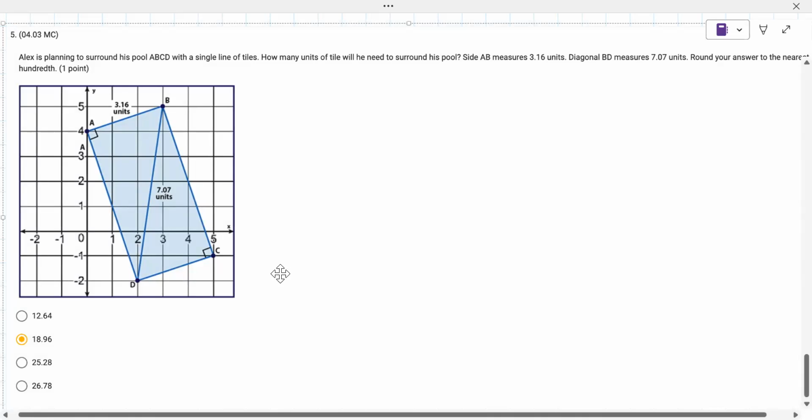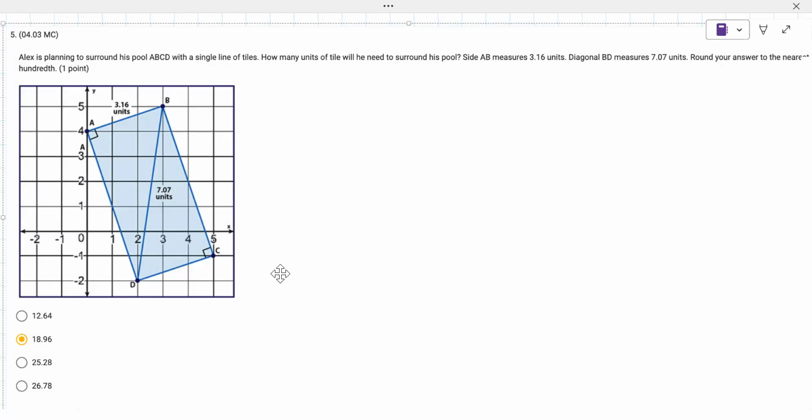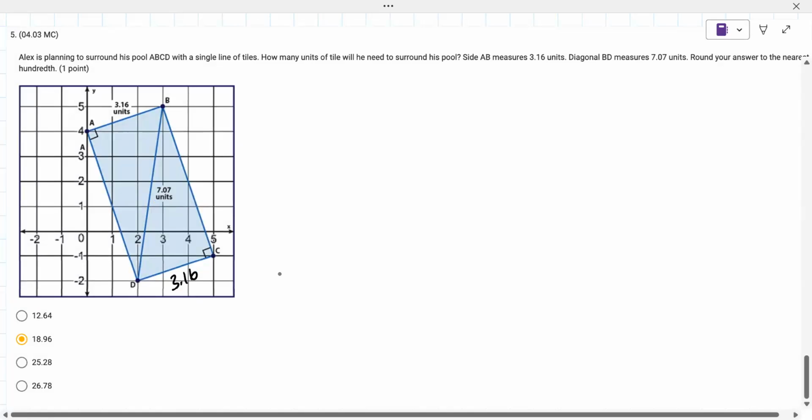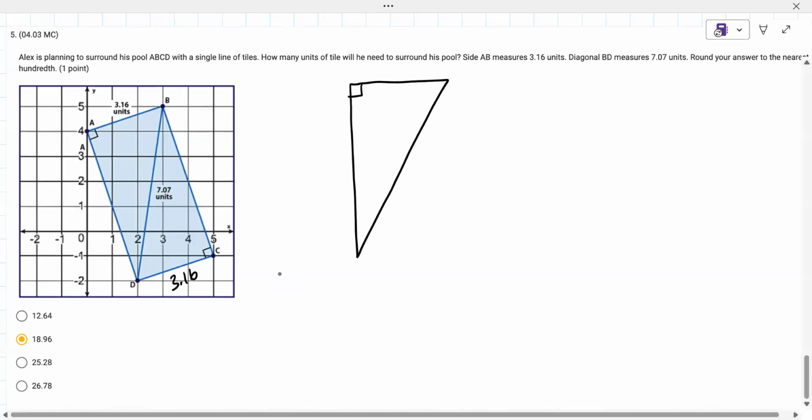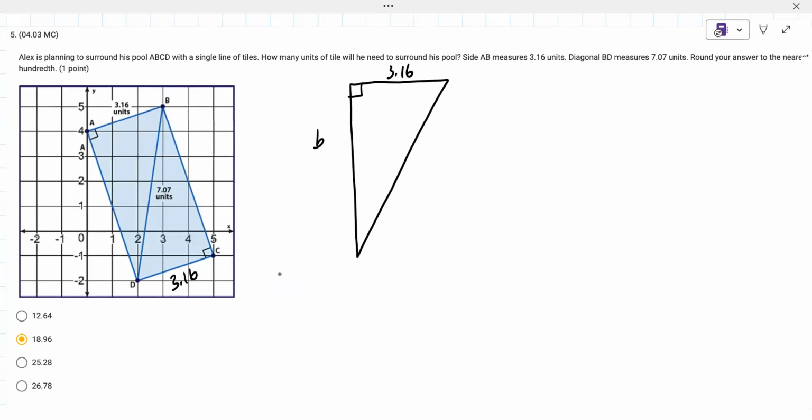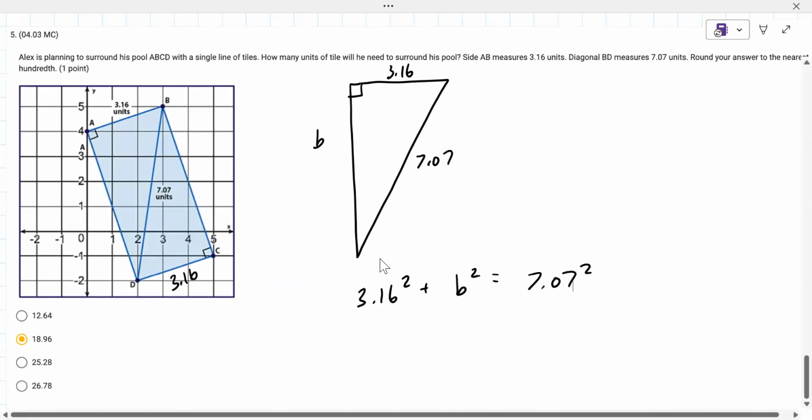I took it apart and used one of the triangles, because obviously the side length of one is going to be the same as the other. This one down here is 3.16. Then I looked at one of them and tried to find what b squared was, because they gave us a squared. They give you A, which is 3.16. They don't give you B, but they give you C. So you have 3.16 squared plus B squared equals 7.07 squared. Is that what you solved?